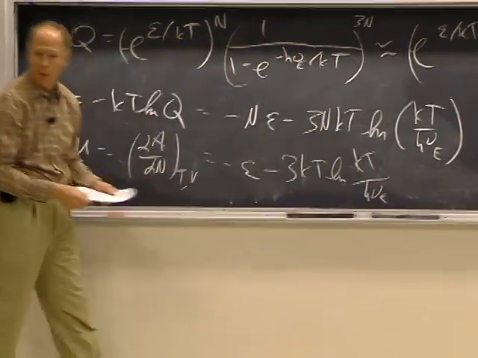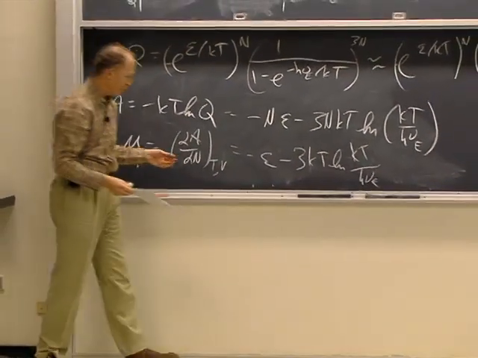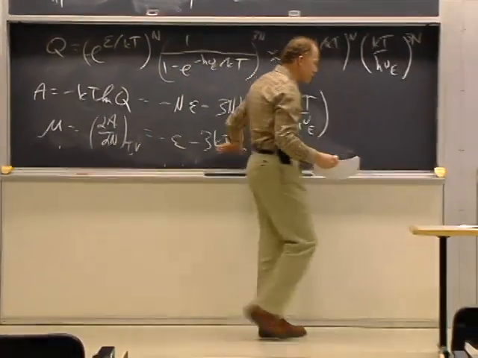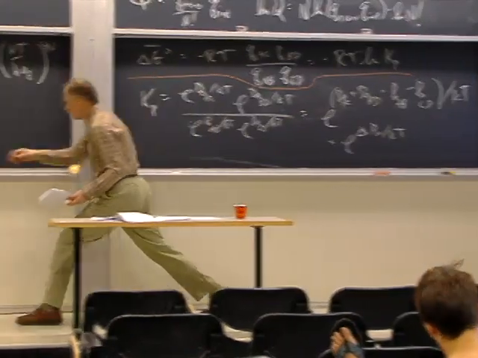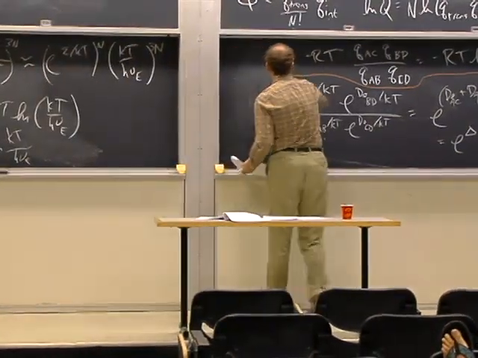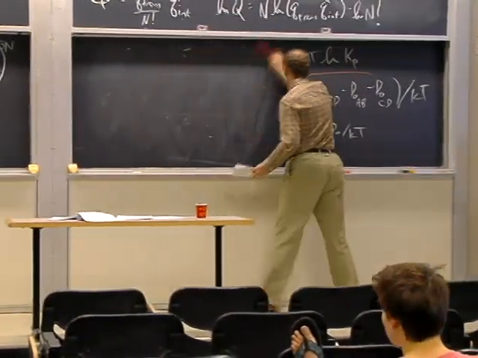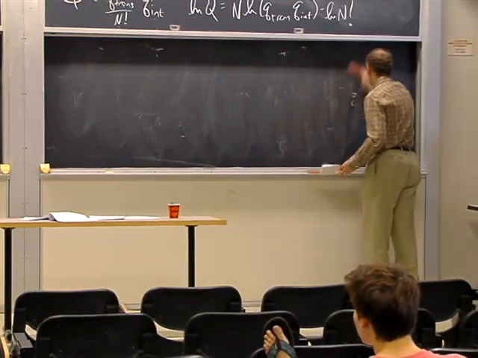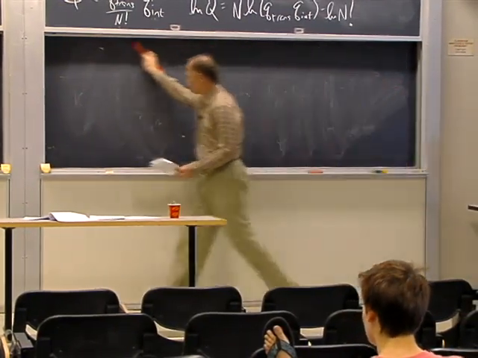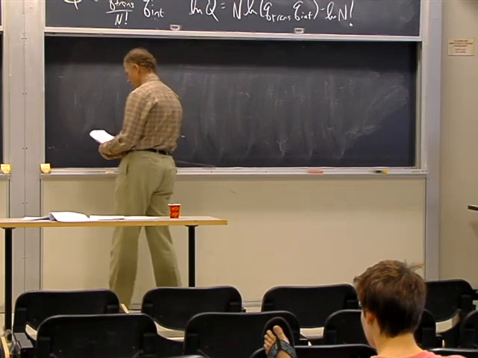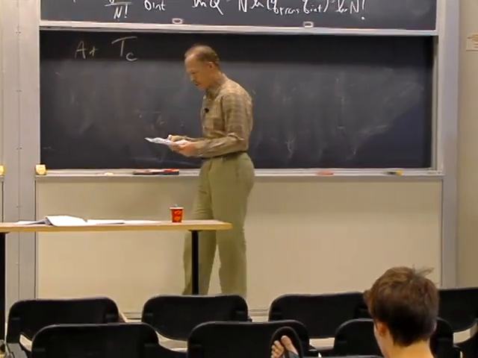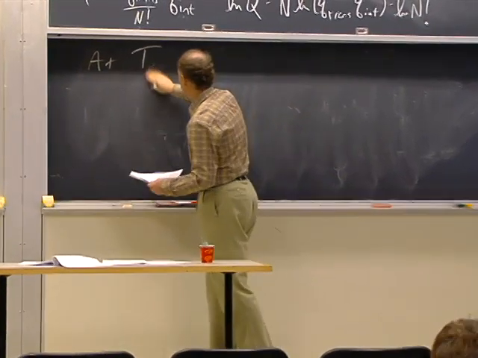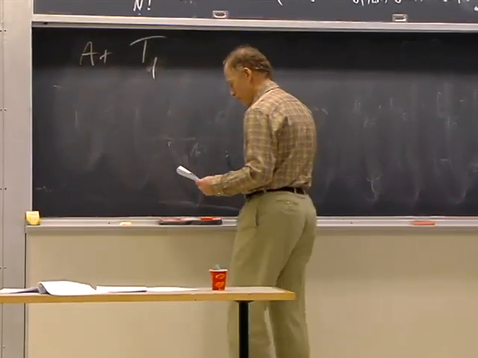Well, basically we just finished. At the phase transition temperature for the two phases, those things have to be equal, right? And that's all there is to it. So we'll call it Tc, the phase transition temperature, or I guess I called it T1 here.